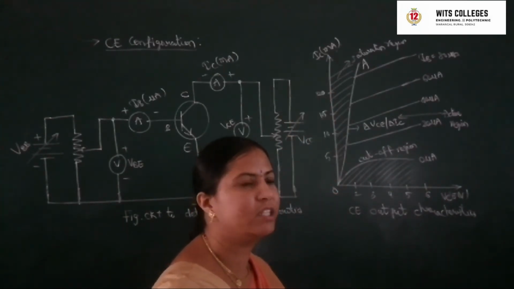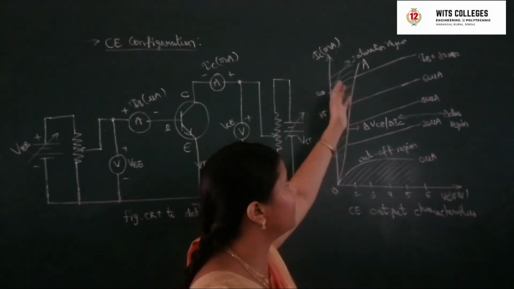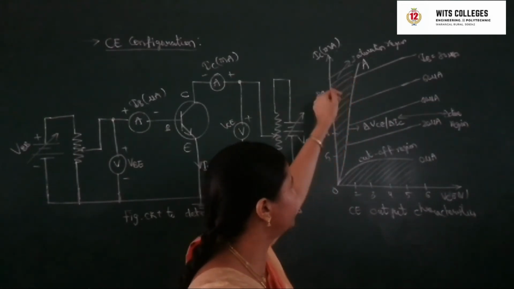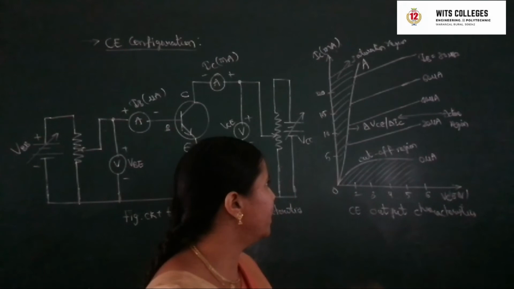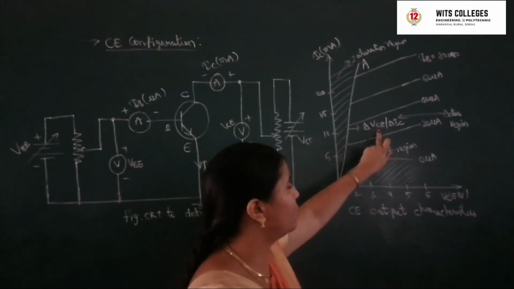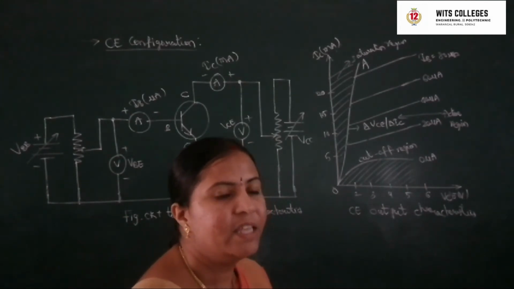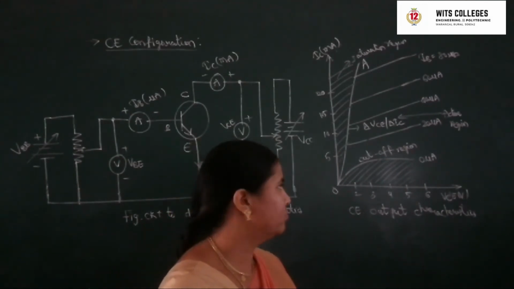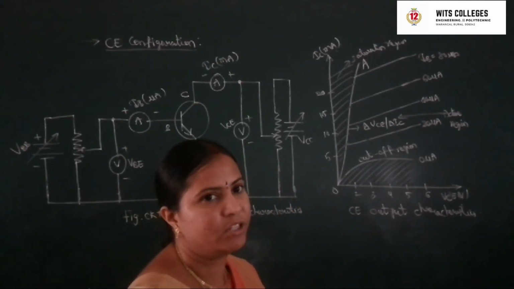The shaded area from O to A is the saturation region. The ratio of collector to emitter voltage to the collector current is also known as the saturation resistance.